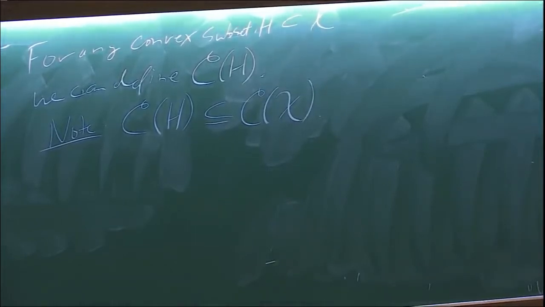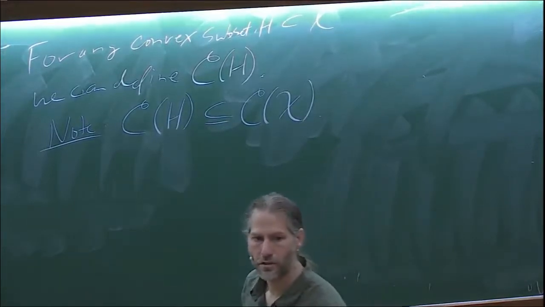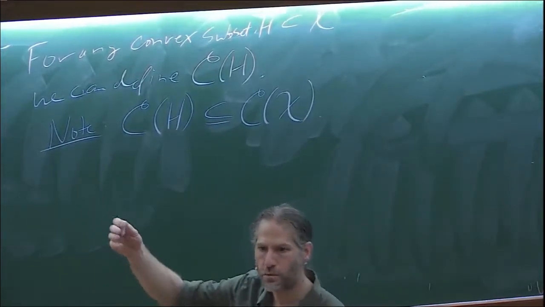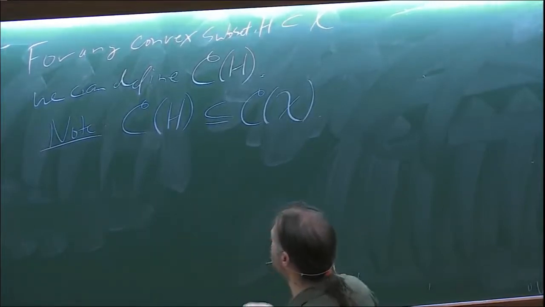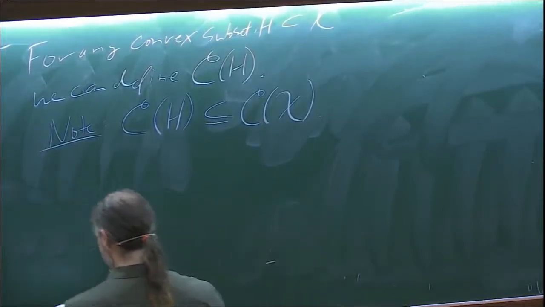Okay, so something that we can then do if we start with a convex subset: there's a nice projection map from the ambient space to that convex subset, just closest point projection.